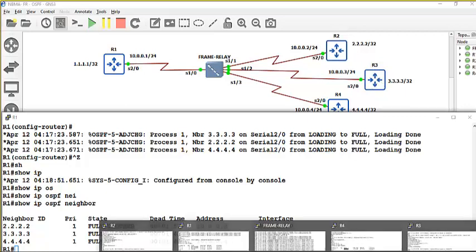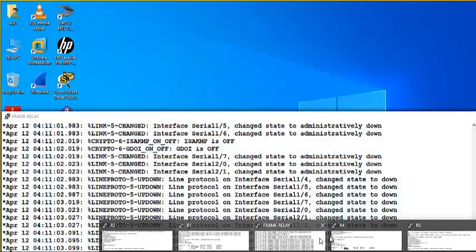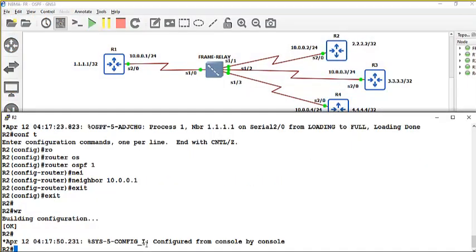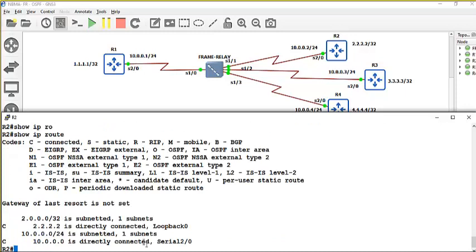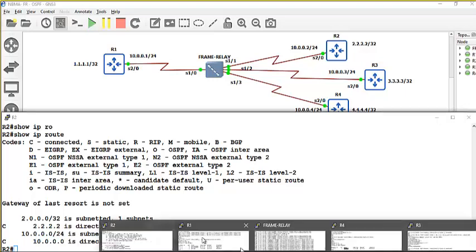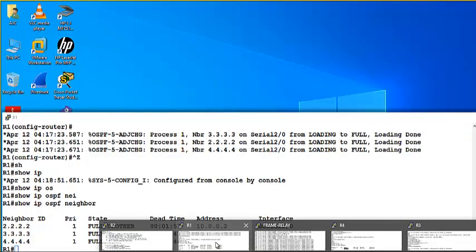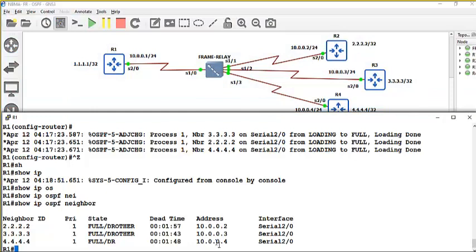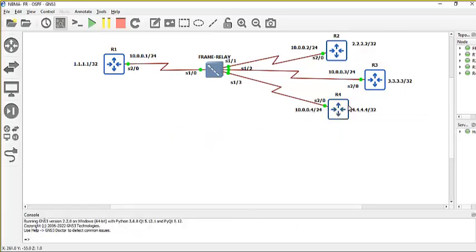You see, I'll show you. Router 2, show ip route. It's not learning any routes. Why? Let's go to router 1 and check. You know why? It's a split horizon problem. Router 4 is a DR. It's supposed to give to router 2 and 3, but there is no direct connection to 2 and 3. So it won't give.